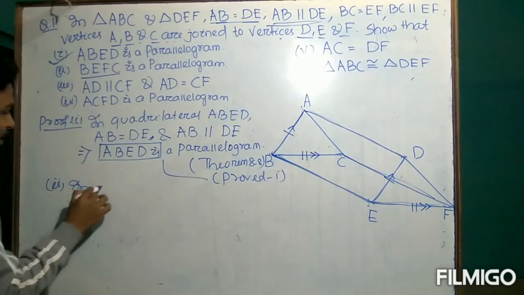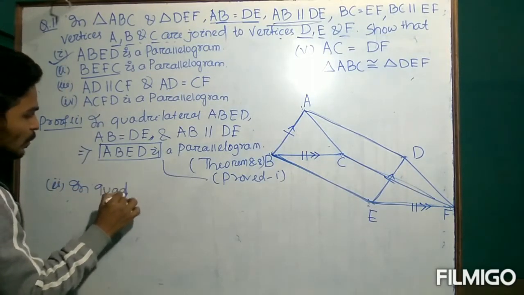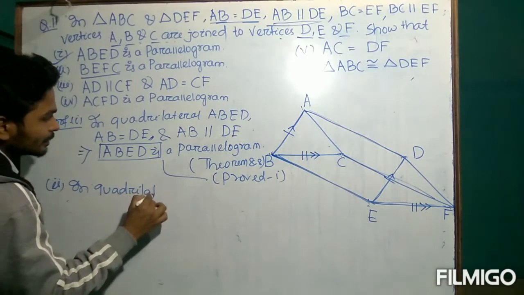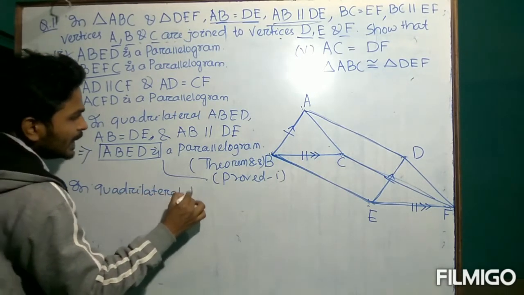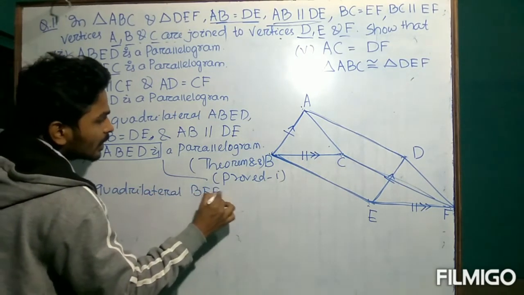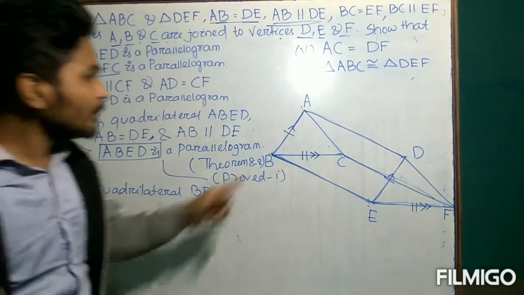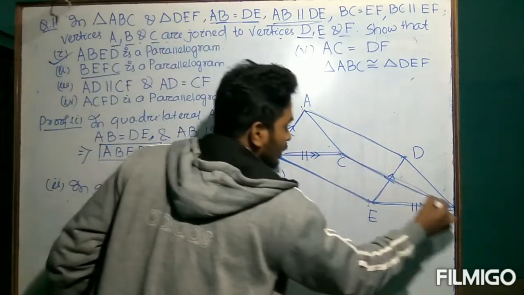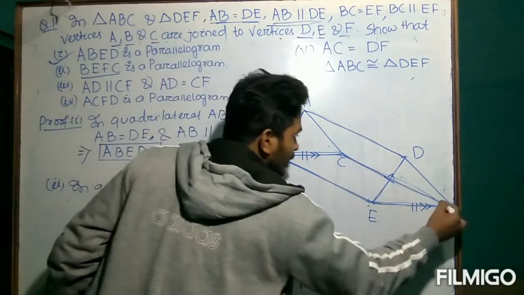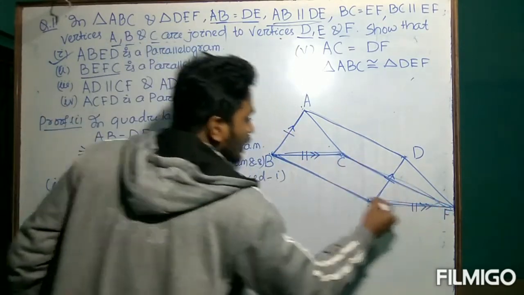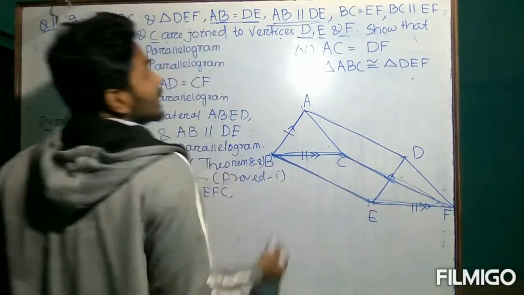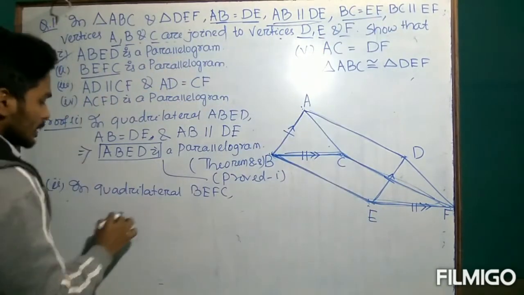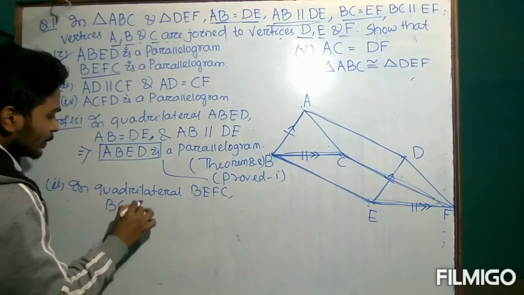So similarly, in quadrilateral BEFC, already we have BC is equal to EF. Look at my figure. Here BC is equal to EF. It is given. So we can write BC is equal to EF.